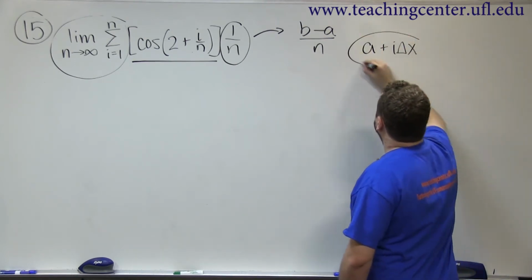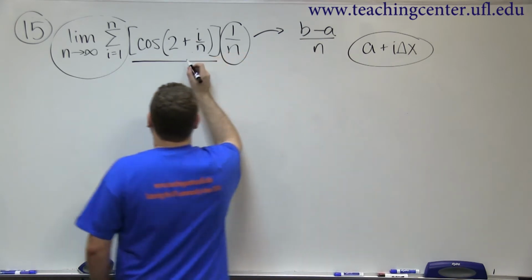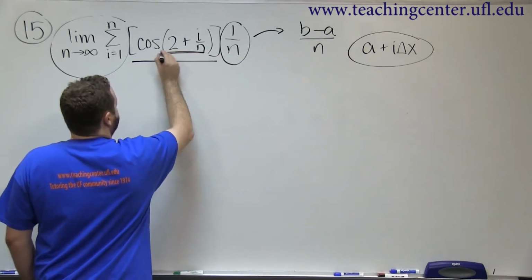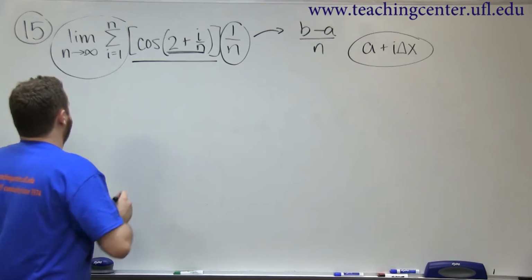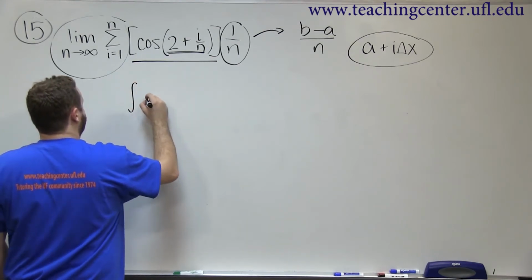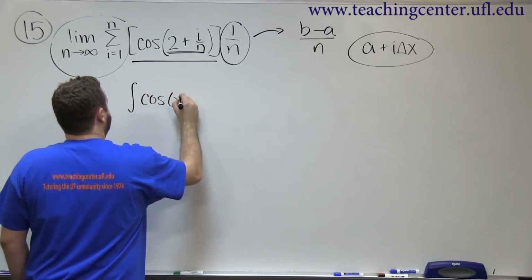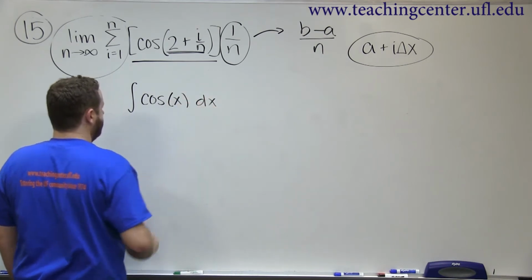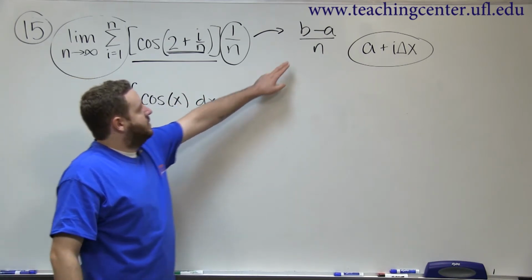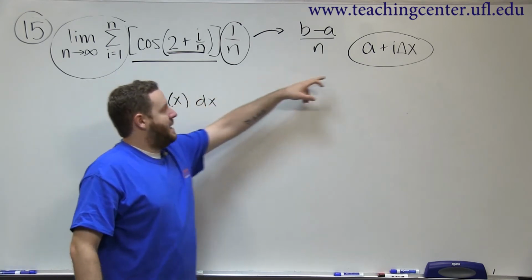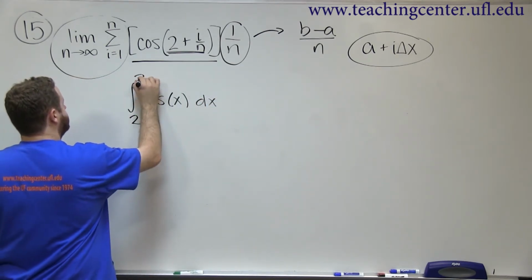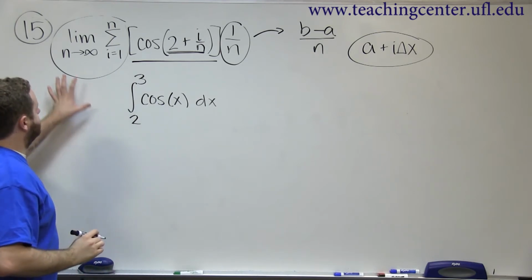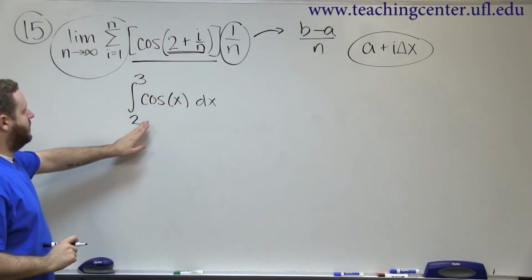Therefore, this whole expression is right here, which means that this is just x. So if I assume it that way, that means that this is just the integral of cosine of x. The width of my interval was 1, but I've determined that a is 2. a is where this integral would start. So that's from 2 to 3. And therefore, this whole expression up here is equivalent to this.